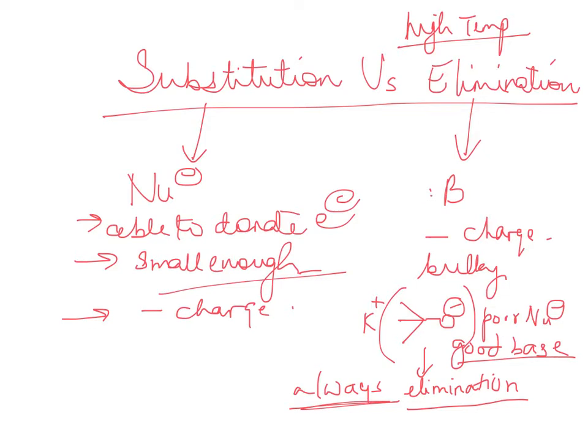So they are taking the time to go out of their way to tell you that we are subjecting that to heat, and that will go through an elimination reaction. So high temperatures facilitate elimination. Substitution, usually room temperature or low temperatures, that is when you would see that. That does not mean that it always has to occur only at room temperature, but that's the general trend, that elimination does require high temperature.